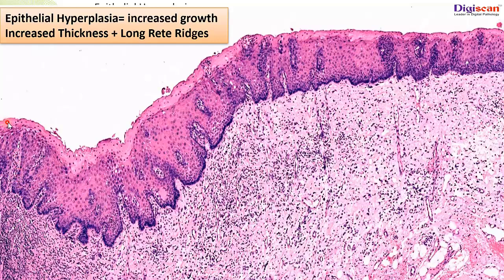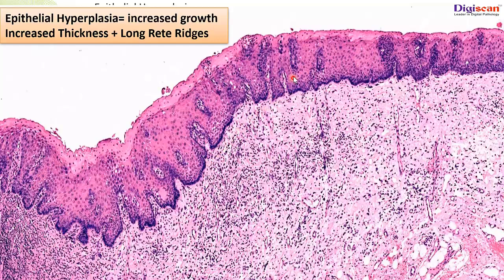The top layer contains nuclei, so this is parakeratin. Now, I was describing the polarization of the nuclei. Here we can see that the nuclei are palisaded with nuclei based towards the basal lamina, and that is the polarization.